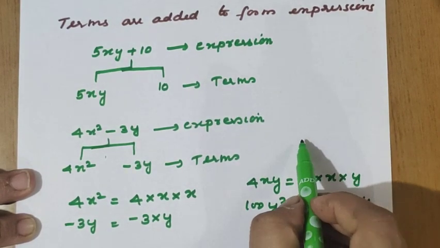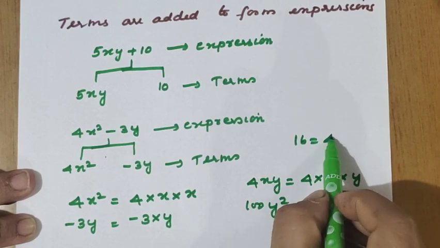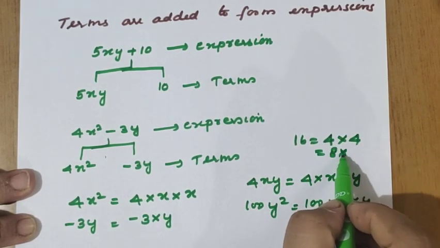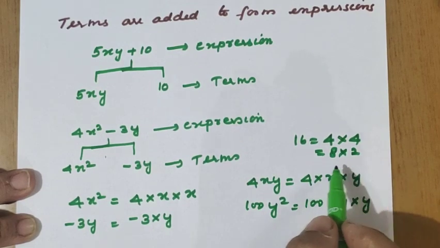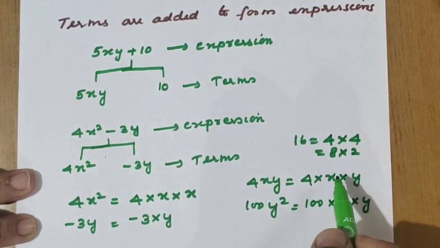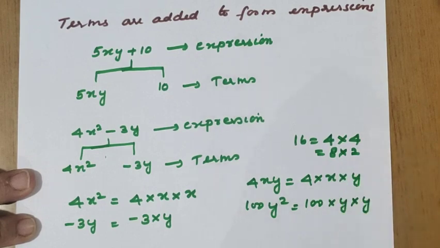Now I'll come to the number 16. How will I get it? 4 into 4, right? I can write 8 into 2 also. So these 8 and 2 are called factors of 16, and also 4. Many ways you can tell that 1 and 16 are also factors. In the same way, when we are taking the terms, we can make them a product of the variables as well as the numbers.